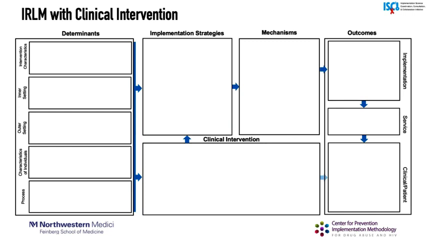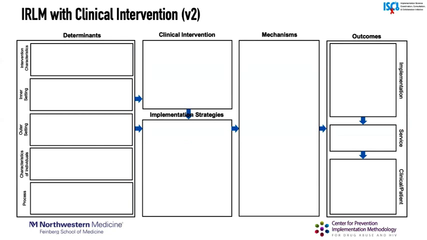And then the same logic pathway follows that those strategies act upon certain mechanisms and lead directly to implementation outcomes. And then there are downstream effects onto clinical and patient outcomes. There is that light blue arrow down at the bottom to indicate that there are direct links clearly between the clinical intervention and the clinical outcomes. But we know through implementation research, and usually the focus of implementation research projects is to show how those strategies are helping to implement that lead through the mechanisms and proximal implementation outcomes.